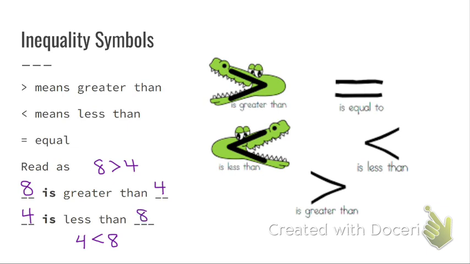So oftentimes we just call the symbol the greater than symbol or the less than symbol, but when we read it in English, we say this number is greater than another number, or this number is less than another number.